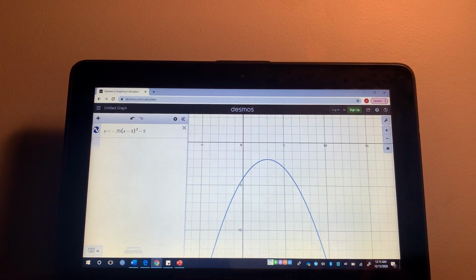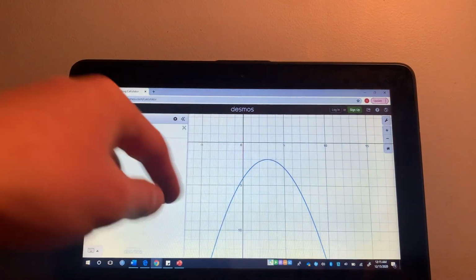But 4 times negative 0.25 is the same as 4 over negative 4, or negative 4 over 4, which is just negative 1, meaning we go over 2 down 1.